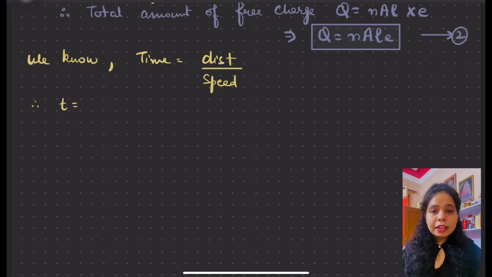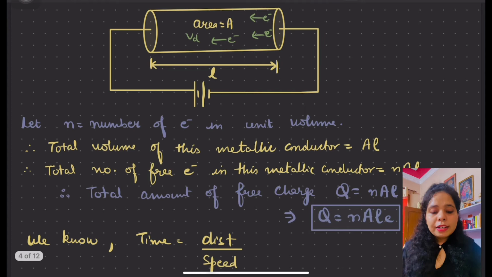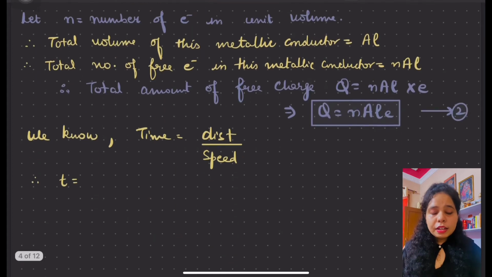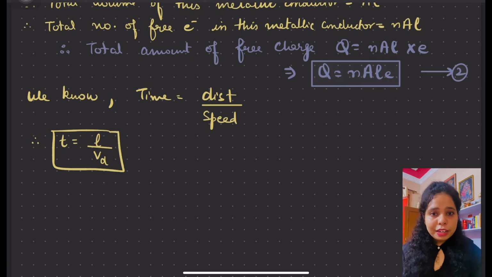Let us say they are going to move from the A end of the metallic conductor to the B end, and as the charges drift from A to B end, they cover a distance equal to length of the metallic conductor L, and these electrons are drifting with the drift velocity Vd. So time t is equal to L upon Vd, which is our equation number 3.